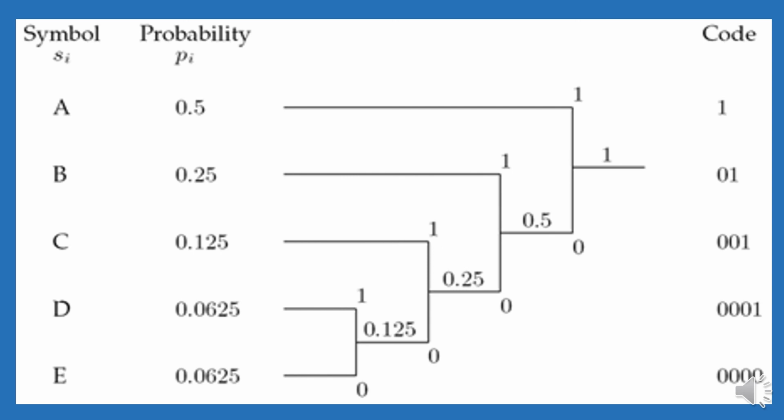Next you assign the bits 1 and 0, and you read backwards. So you will get the codes 1, 01, 001, 0001, 0000.